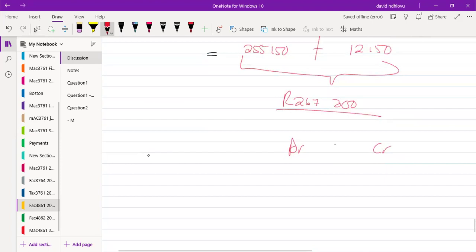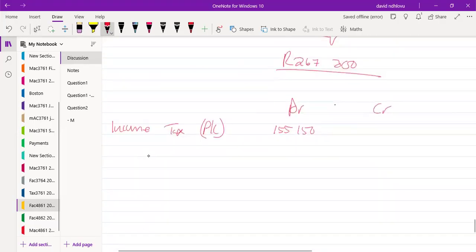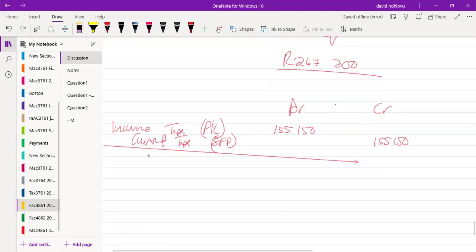You debit income tax in the P&L. Remember, income tax is an expense, so you have incurred an expenditure. Then you credit current tax in the statement of financial position.